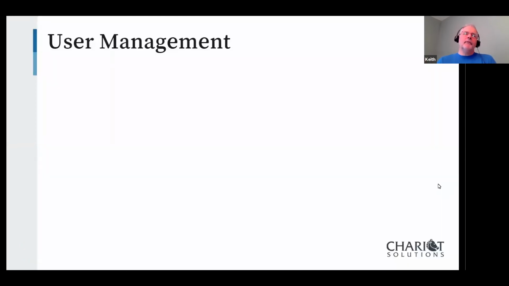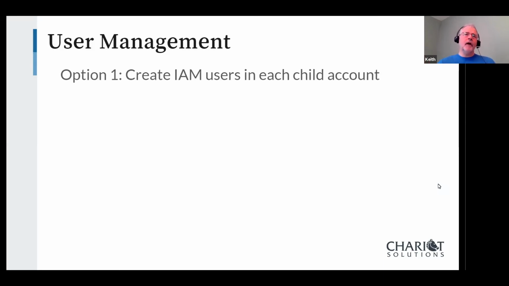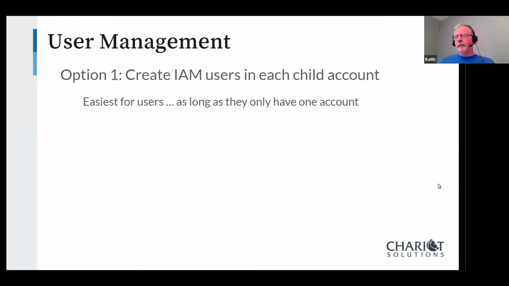The real question comes with how you manage your users in these accounts. And as I see, there are a number of different options, but as I see it, there are 3 main options. Option number 1 is you create IAM or Amazon AWS users in each child account. And that's really easy for your users because they only have one login, they get directly into the account, no problem.